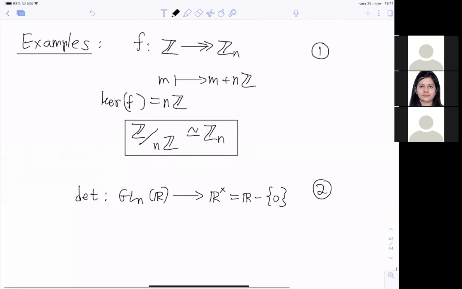What is the kernel here? The kernel is all the elements that go by the homomorphism to the trivial element, and the operation here is multiplication. What is the kernel of this homomorphism? All the matrices that have determinant 1. Yes, exactly. How did we call it? How did we call it?